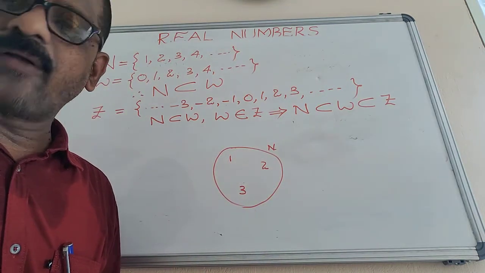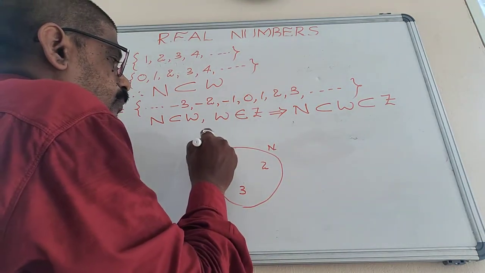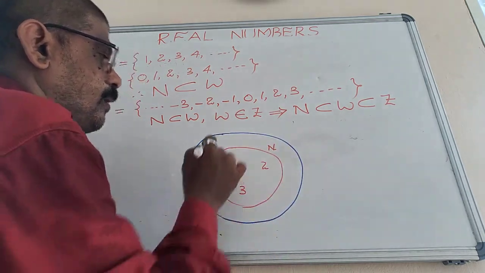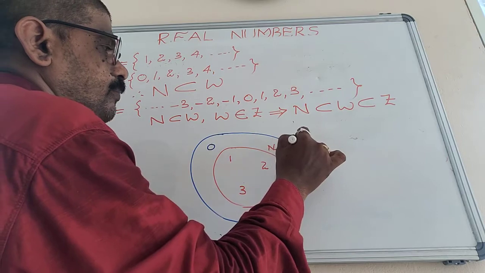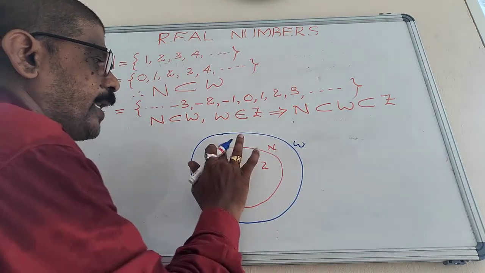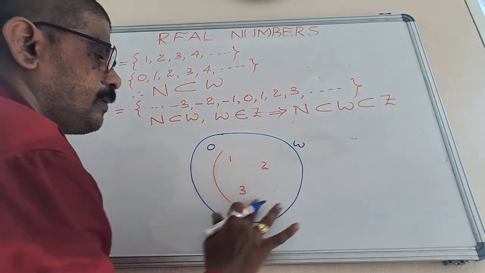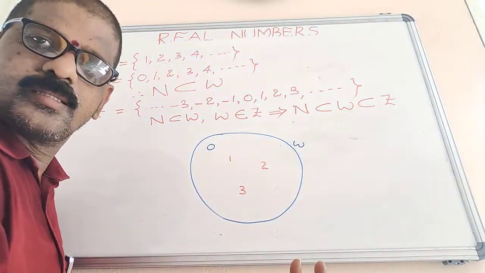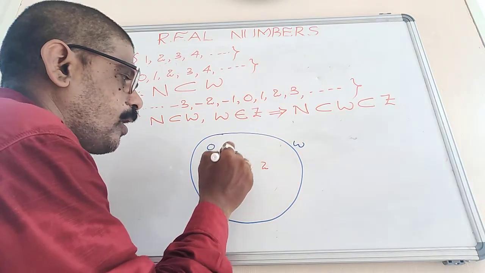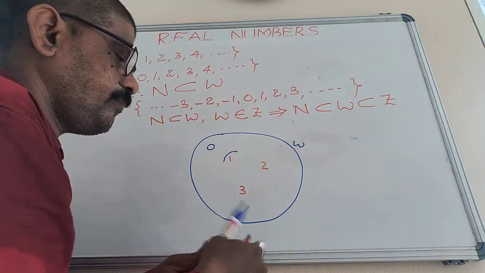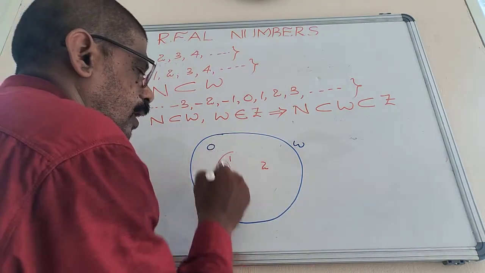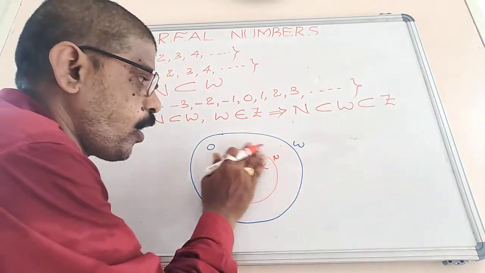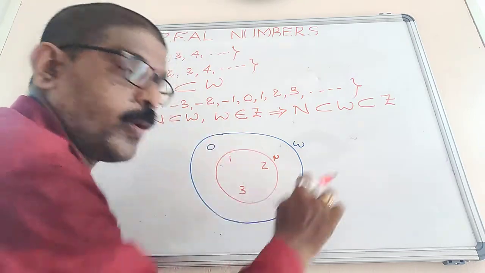Now we have to observe 0. That is W. Now these are called whole numbers. We have to observe that all natural numbers are in whole numbers.